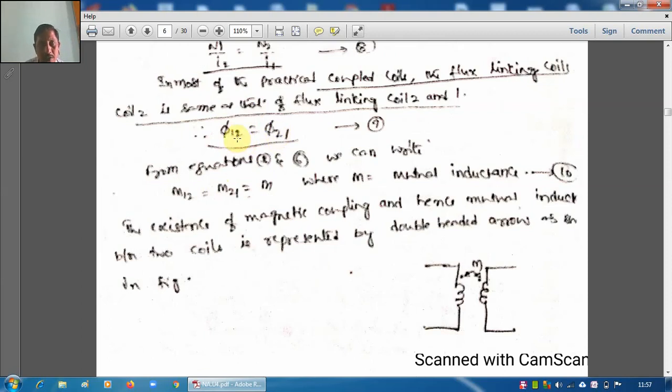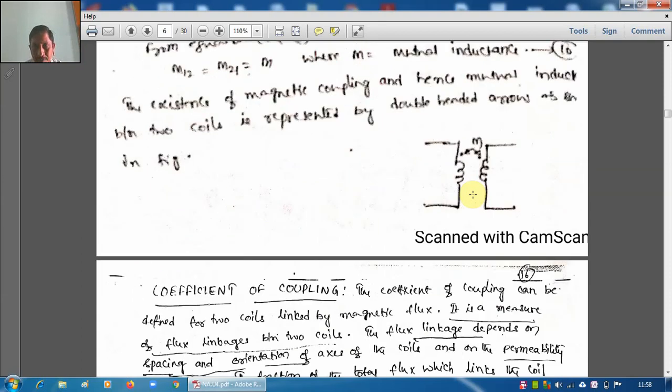That means the flux produced by coil 1 linking coil 2 is equal to the flux produced by coil 2 linking coil 1. Then automatically M12 equals M21 equals M, and it is called mutual inductance.